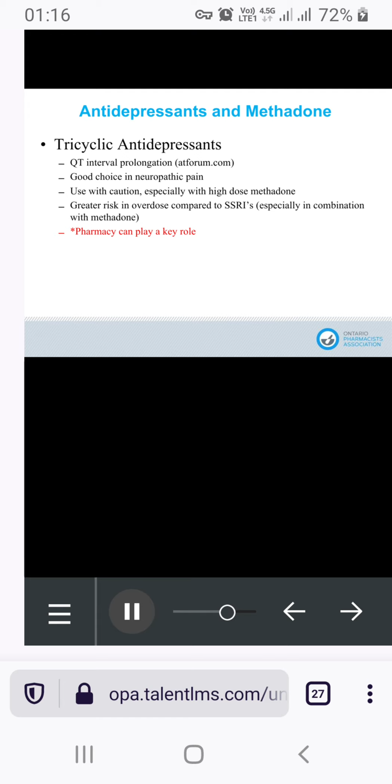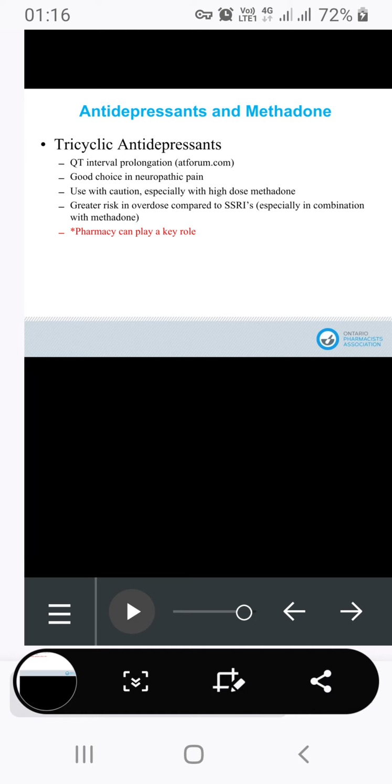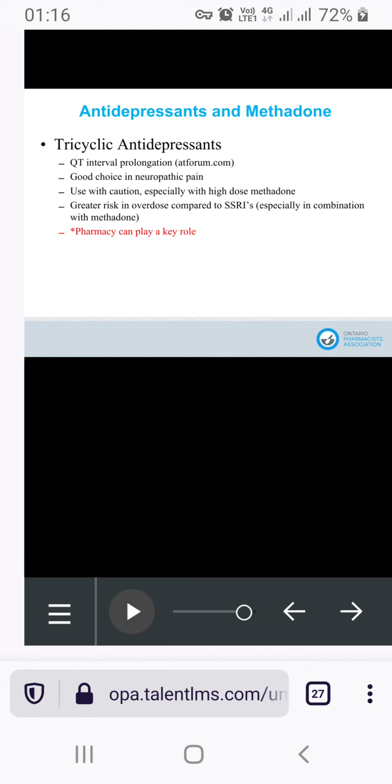Pharmacy can play a key role. Tricyclic antidepressants can cause QT interval prolongation. Good choice in neuropathic pain. Use with caution, especially with high dose methadone. Greater risk in overdose compared to SSRIs.